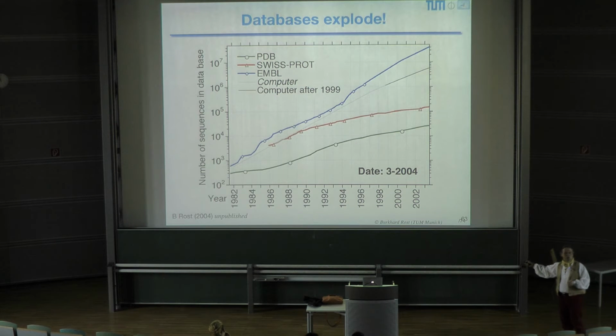I want to point out to you that this starts in 82. This is when the first molecular databases started, and it ends over 10 years ago. Actually, it's March 2004. It's 10 years ago that I did that. And you see that already then you had an exponential growth.